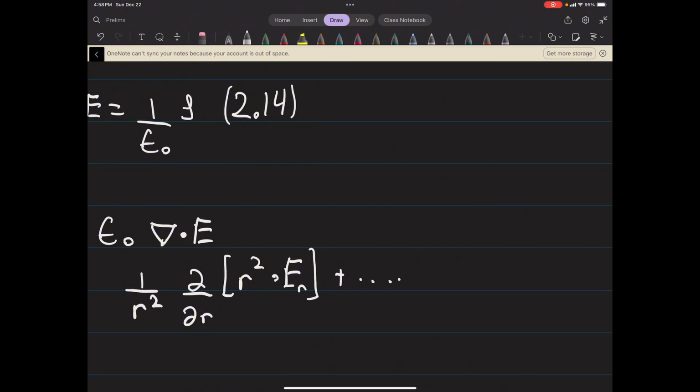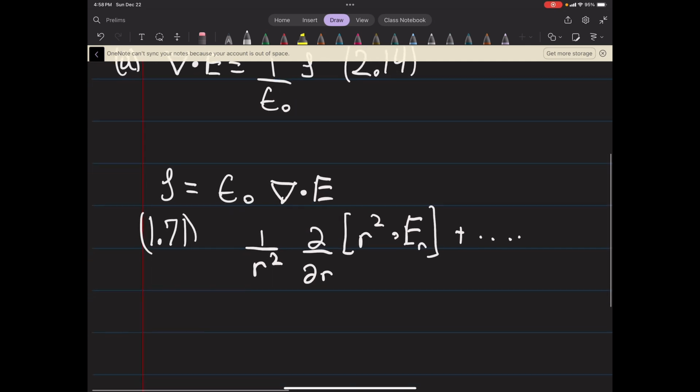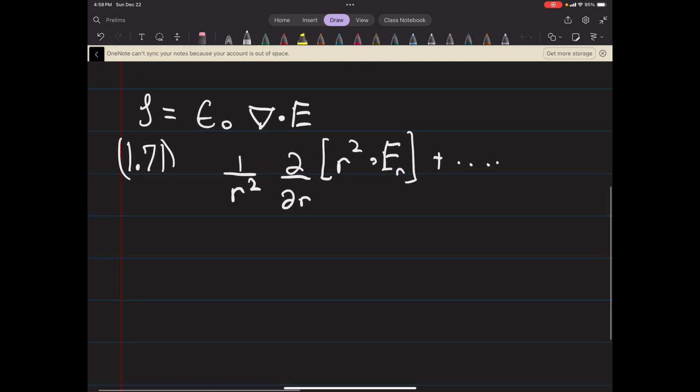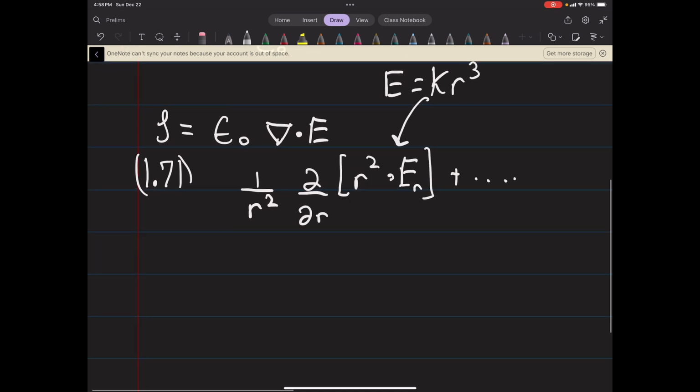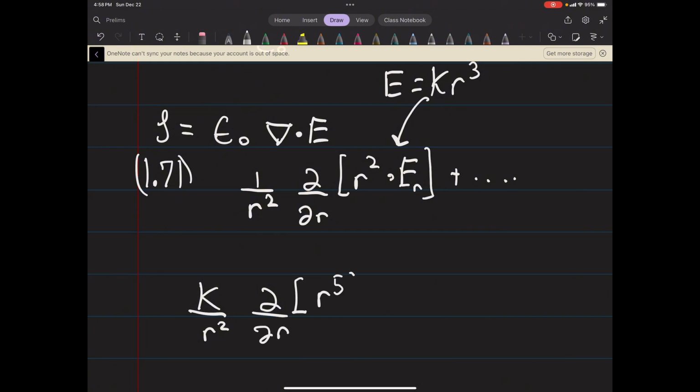There are some other terms as well, but our electric field is only dependent on E sub r, so we don't really need to worry about that. We can just plug in E equals K R cubed into here. Obviously the K is a constant, so that can come out. So we have K over R squared times the derivative with respect to R of R squared times R cubed, which is R to the 5th.